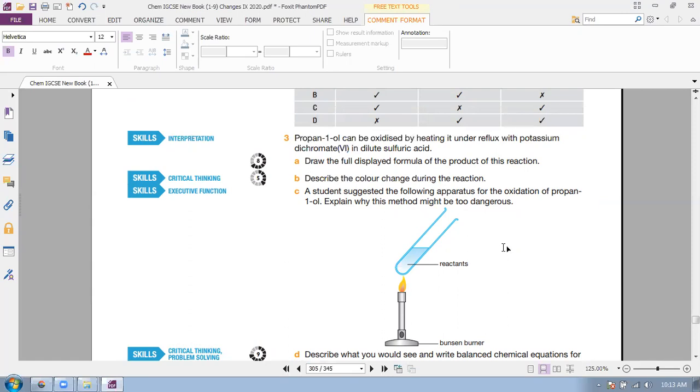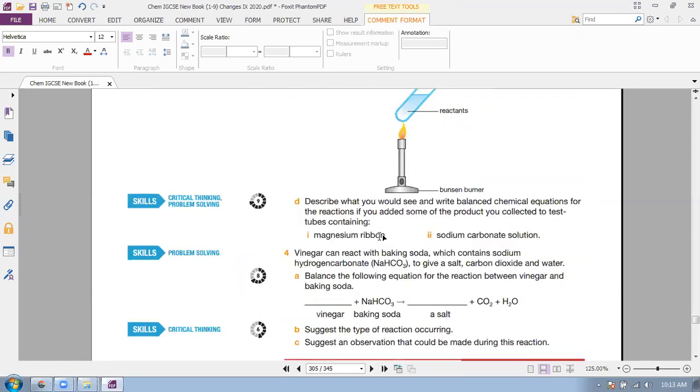Then after oxidation, the color change would be from orange to green. Magnesium and sodium carbonate solution react with propanoic acid. So magnesium propanoate would form, and sodium carbonate forms sodium propanoate plus carbon dioxide plus water.